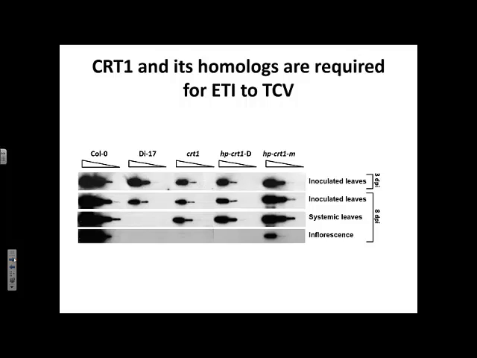When we examine this mutant plus silencing transgenic, we found that this TCV is propagated much higher. That indicates CRT1 and its family members are involved in HRT-mediated resistance. So that was the conclusion we draw.